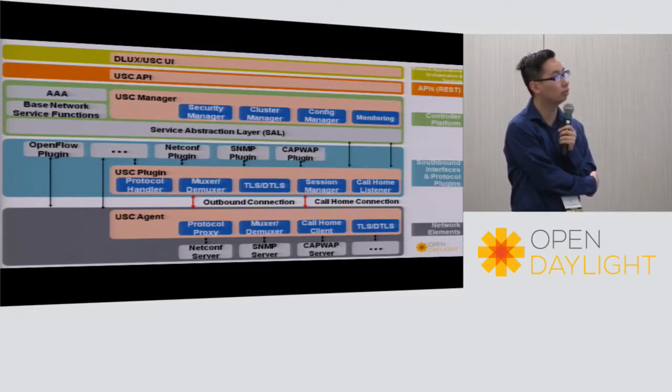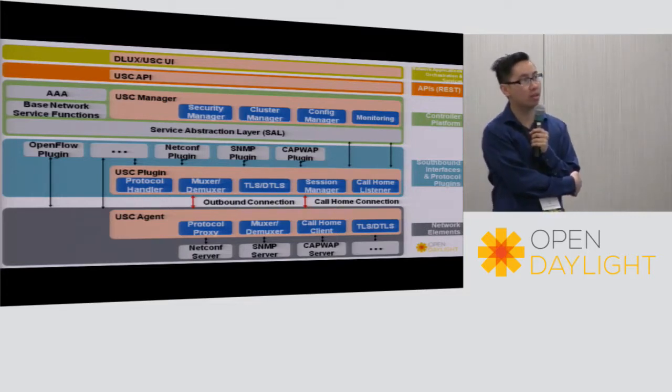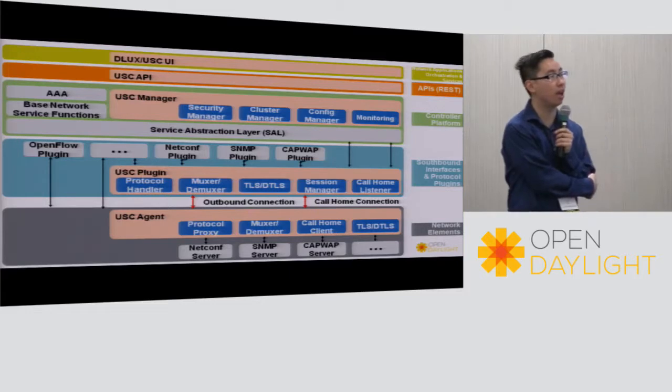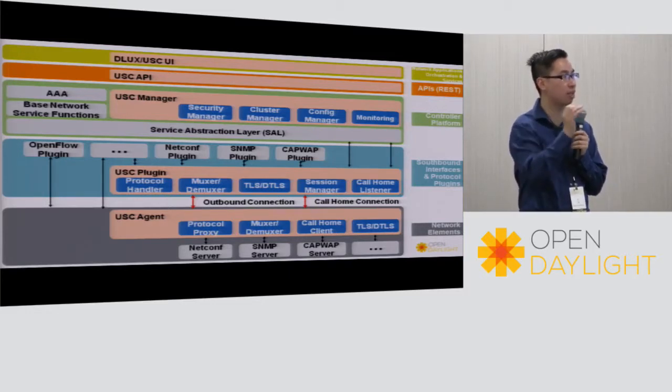Do you have any facility in the USC for a keep alive or idle circuits to validate that the connection is still operating normally? So the USC, when a session goes down, it actually detects that the session, because it's constantly pinging it. Okay.